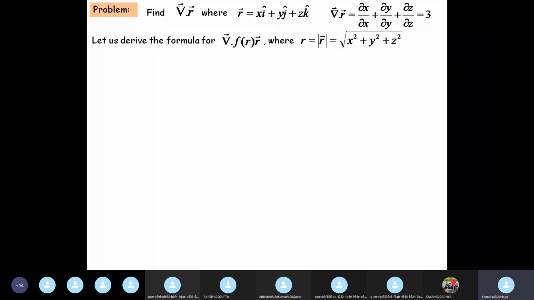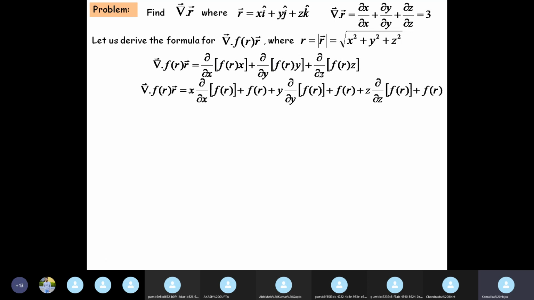So we were trying to find out the general formula for divergence of f(r) r vector, where r is this. So divergence of f(r) r means del del x of f(r)x plus del del y of f(r)y plus del del z of f(r)z. So what we'll do is we'll differentiate each of these by parts.